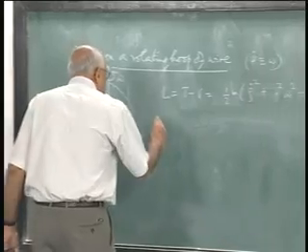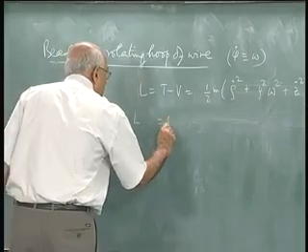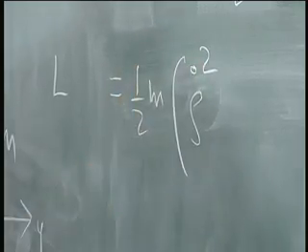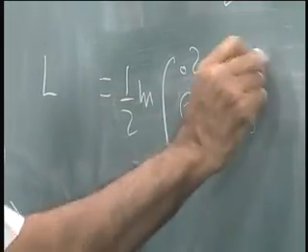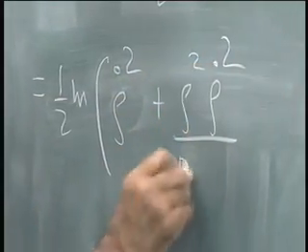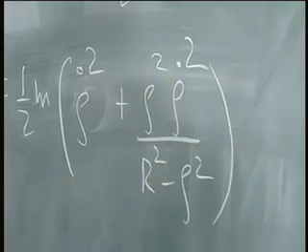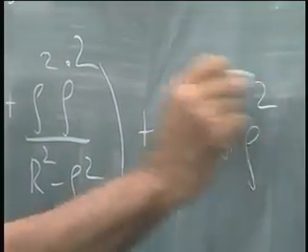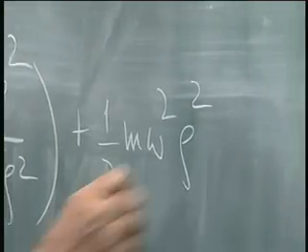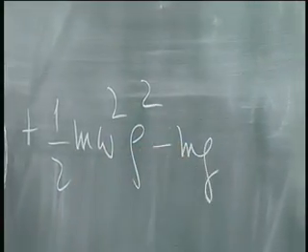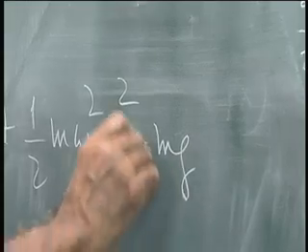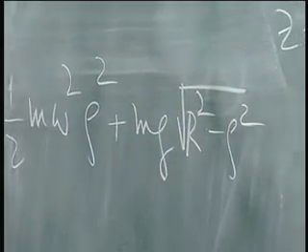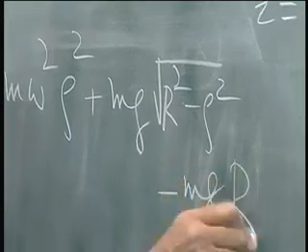So let us put this in, and I have L equal to 1/2 m times rho dot squared plus z dot squared, which is rho dot squared over r squared minus rho squared, plus 1/2 m omega squared rho squared, minus mg times z, which is plus mg square root of r squared minus rho squared minus mg r.